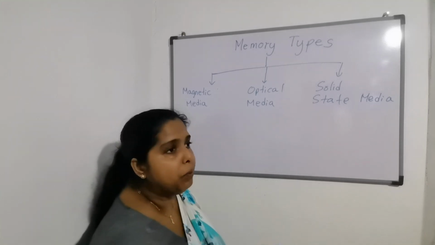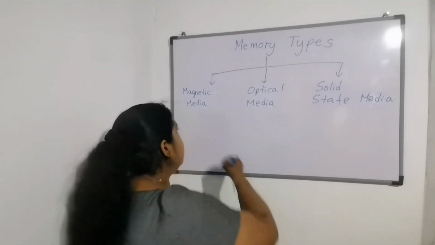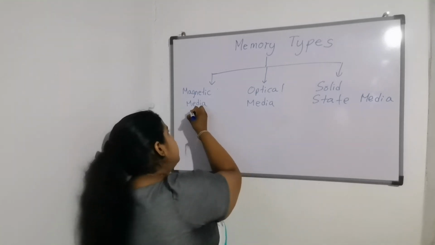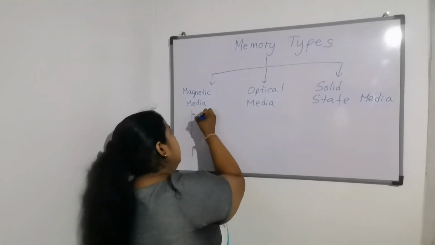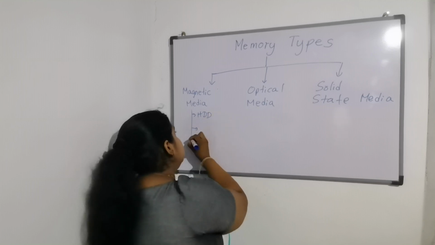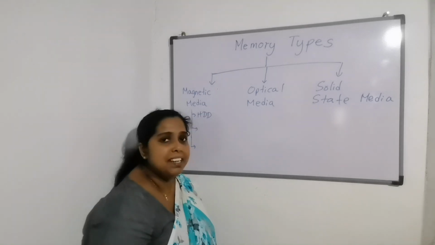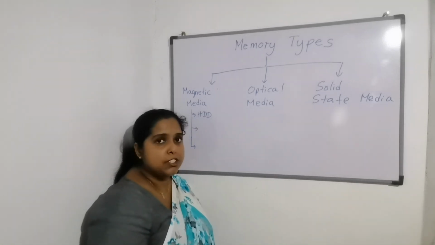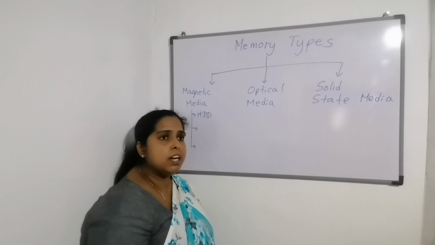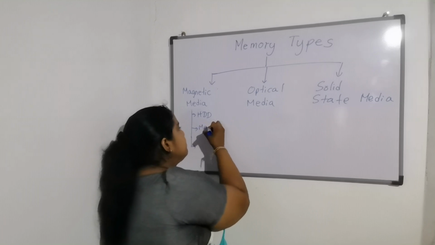Magnetic media, what are the main devices that we are using? Still, we are using magnetic hard disk drives. Other than that, if you think about the other popular magnetic storage devices, actually those are not used much now. One of that kind of popular one is magnetic tape.